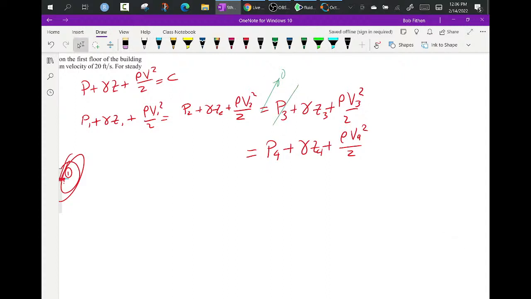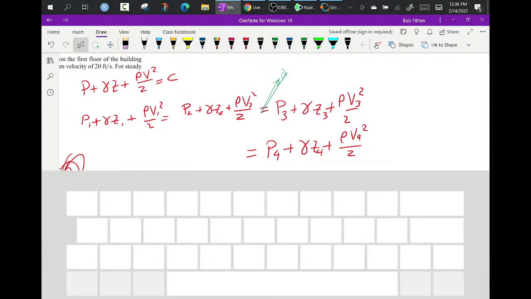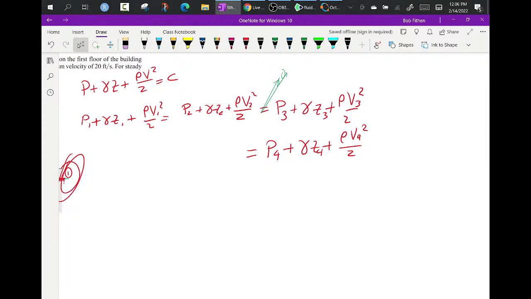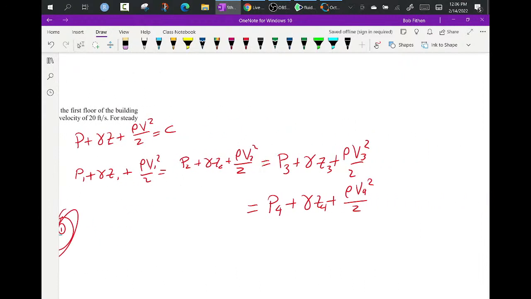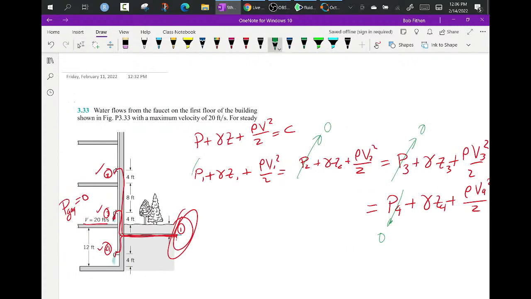Let me try that again. Uh-oh, something is very bizarre here. Hang on. Okay, don't know what happened there. I can't say that about 1, but I can say that about 2, 3, and 4, because the faucets are all open.